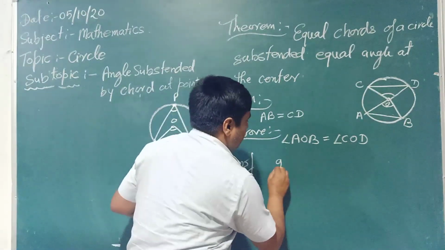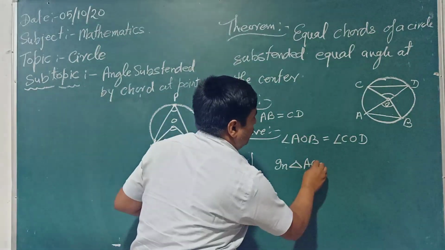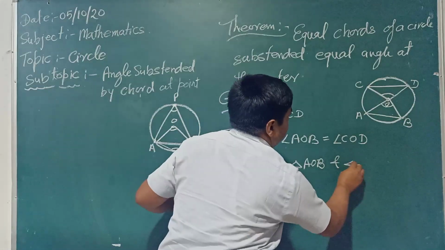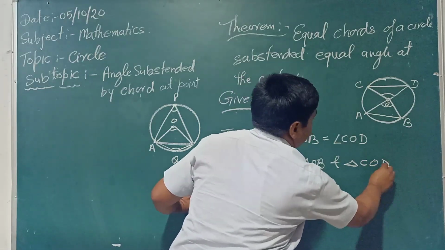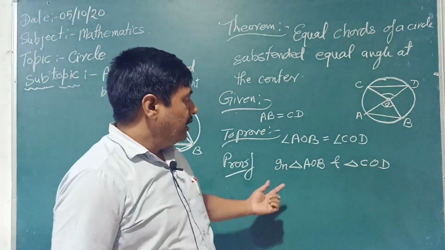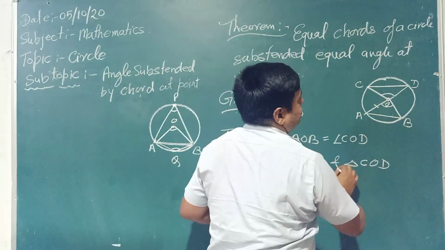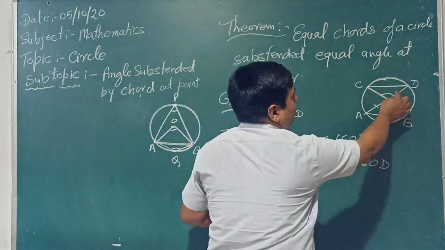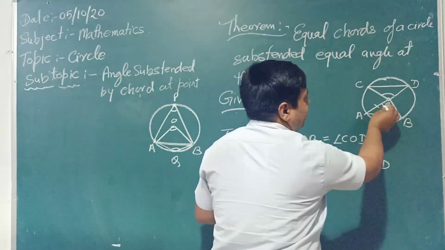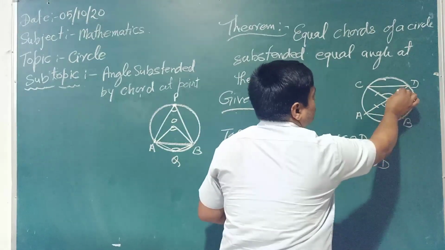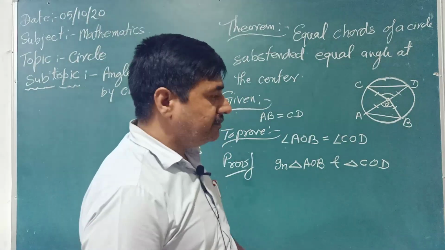Now take triangle AOB and triangle COD. Now in these triangles OA, OB, OC, OD are radii. Okay, so these are equal.